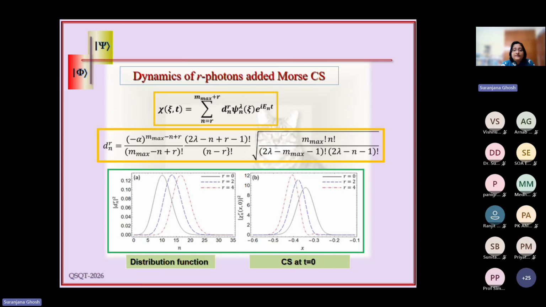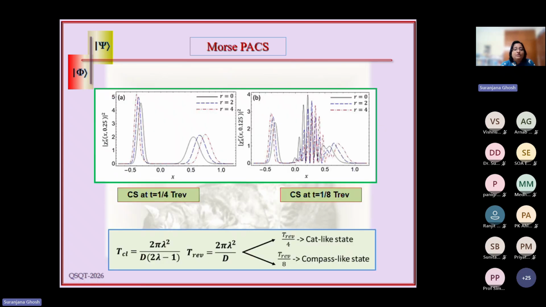If you see the system dynamics at a particular time, here at one-fourth of the revival time, see the cat state, the two-way breakup. With the addition of photons, they are going far apart. The red line shows when R is equal to 4 photons added, and the blue line shows when 2 photons are added. So one can see that they are going far apart.